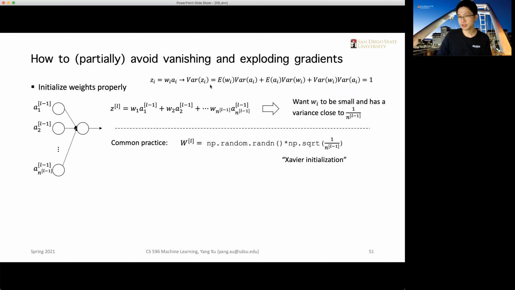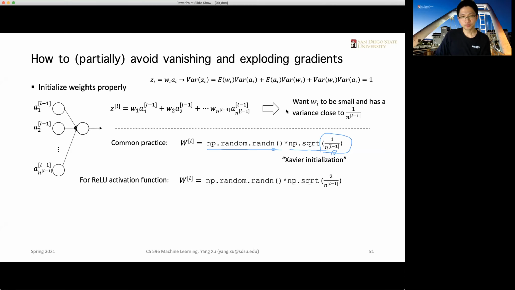A common practice is called Xavier initialization, which is to first generate some random numbers from a normal distribution, right? And scale it down by the square root of 1 over n, depending on how many neurons we have in the previous layer.